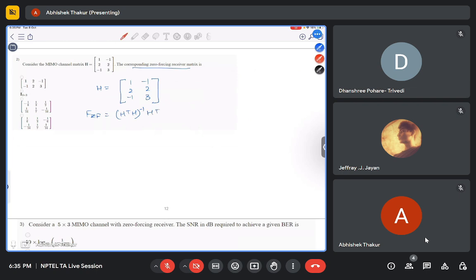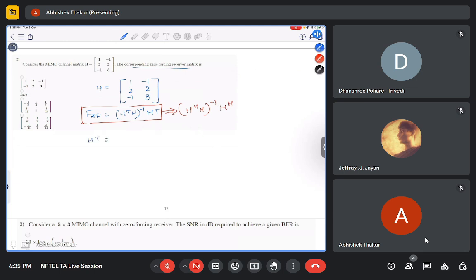Basically, you can write this when the channel has real numbers, but when it is a complex channel, it can be written as H Hermitian H inverse H Hermitian.